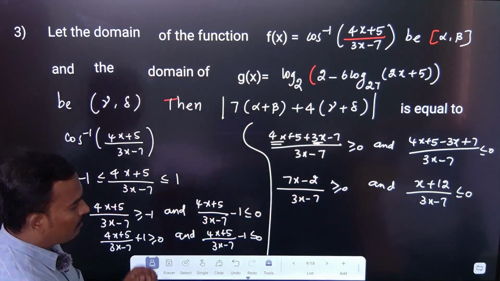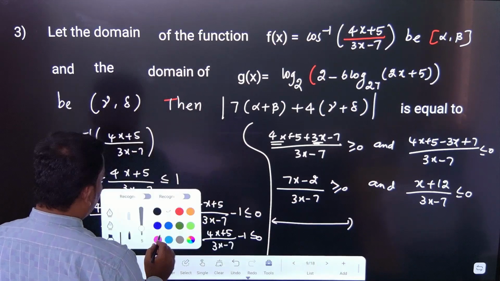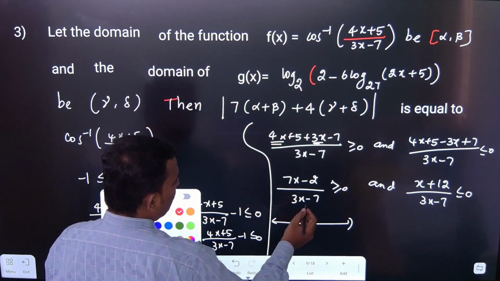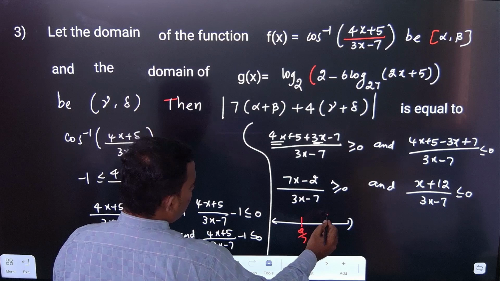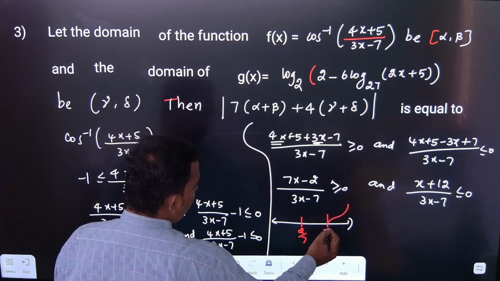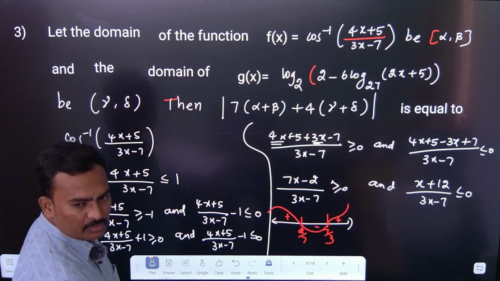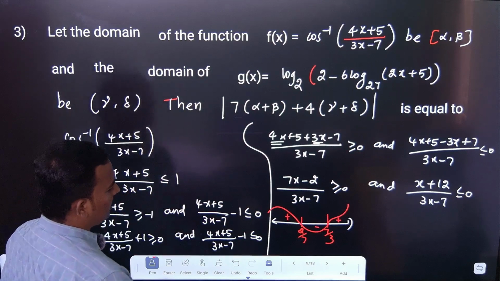Okay, now you can find the solution here. The wavy curve method you can use here. First one is 2 by 7, this is 7 by 3. 2 by 7 you take here, 7 by 3 you take here. Start with positive, negative, positive. The ratio greater than or equal to 0 is required.